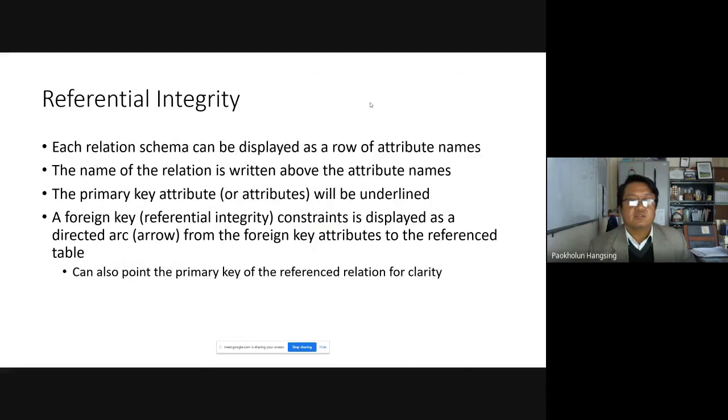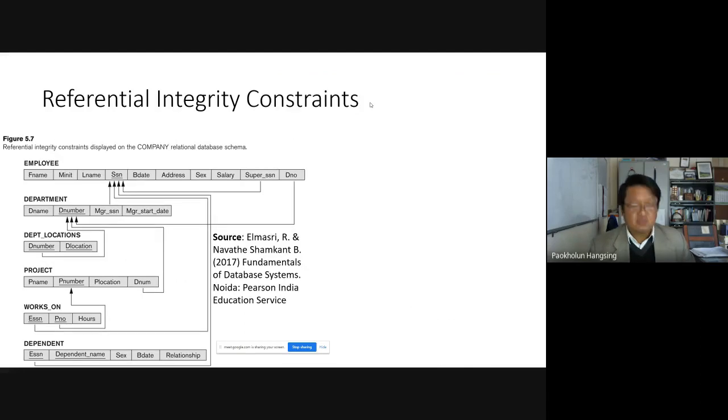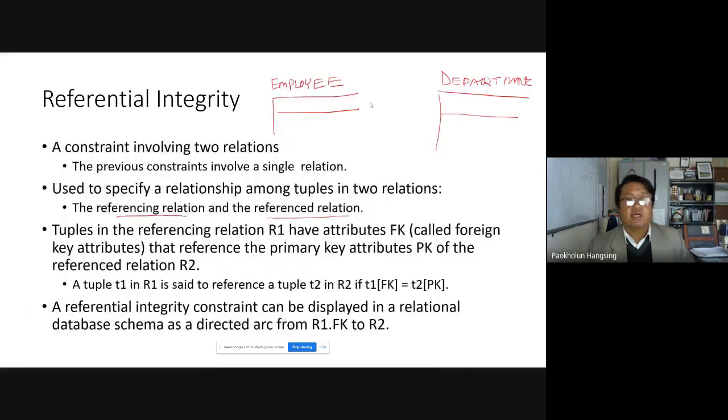Later on we'll display this with diagrams. Now, tuples in the referencing relation have an attribute called the foreign key attribute, that references the primary key attributes of the referenced relation. For example, employee is the referencing relation; it will have its own primary key, and it will also have a foreign key.